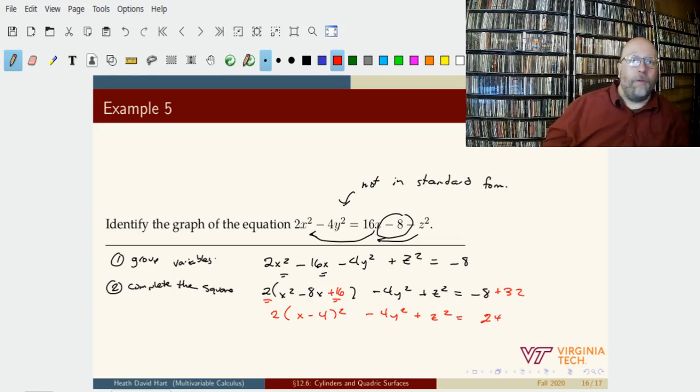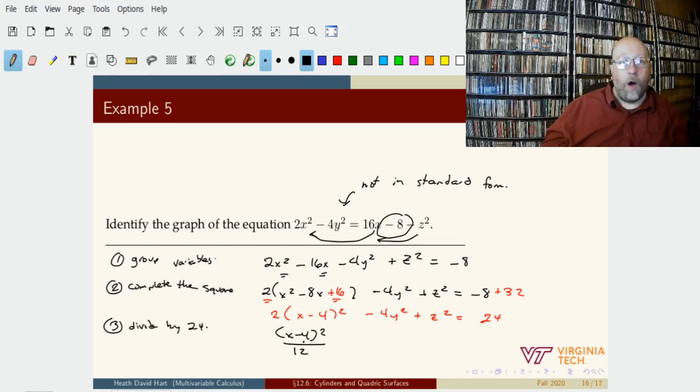The constant term is not 0, so we're going to divide by 24 and make the constant term equal to 1. So we get x minus 4 squared over 12, the 2 and the 24 reduce, minus y squared over 6, the 4 and the 24 reduce, plus z squared over 24 is equal to 1.